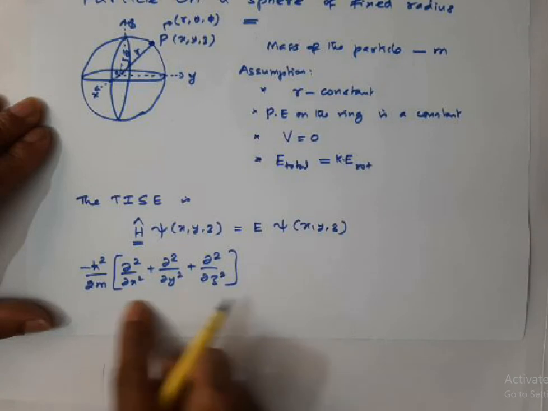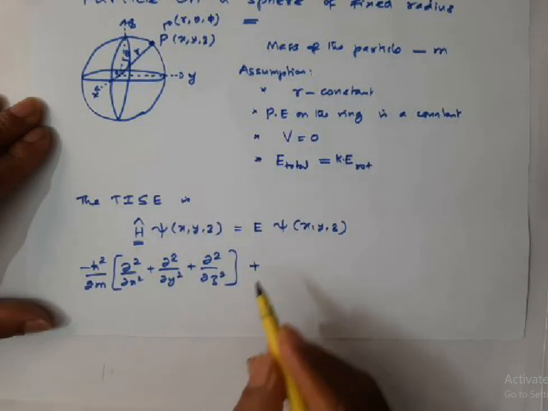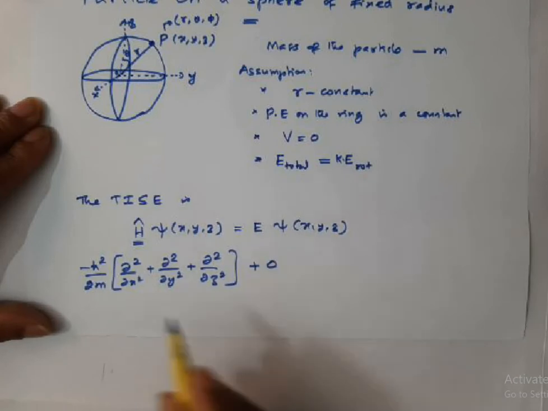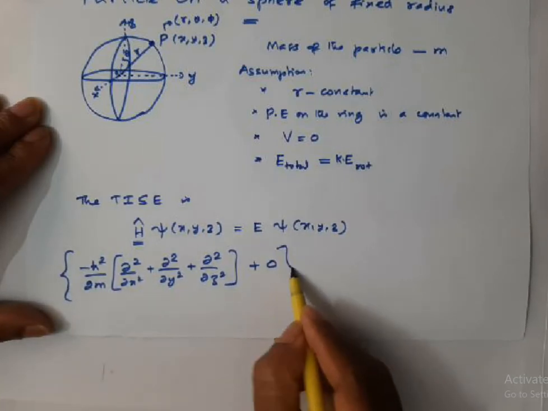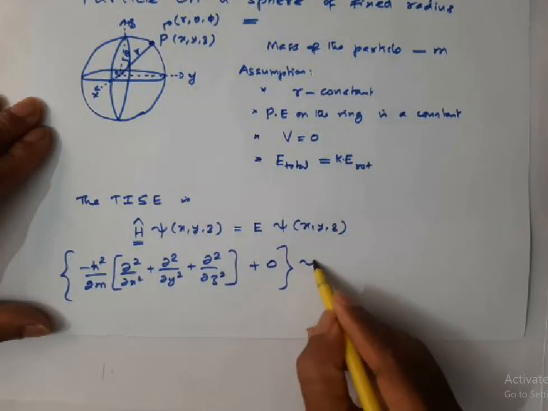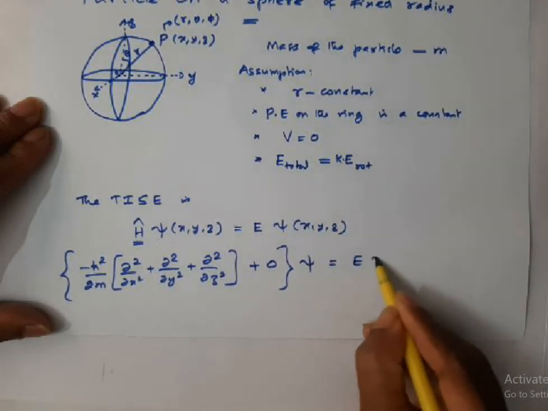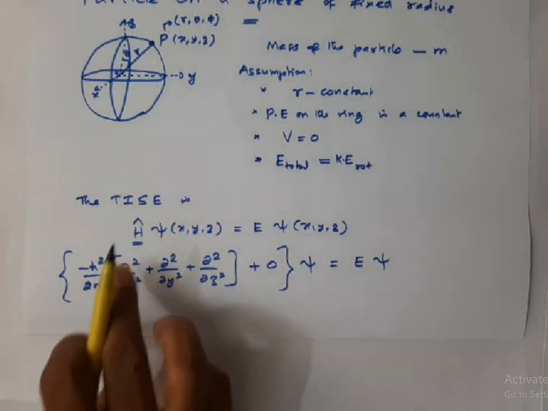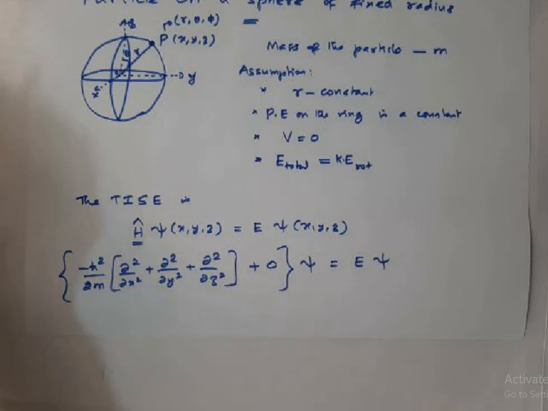This is the kinetic energy part, plus the potential energy, but since the potential energy is 0, that part becomes 0, into psi equal to E psi. This is the expression for the Hamiltonian operator.